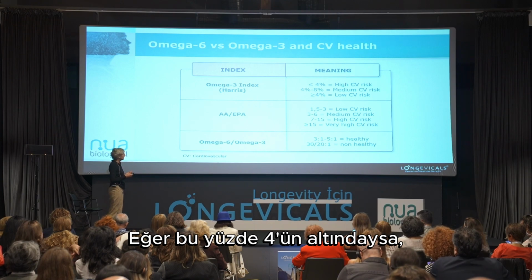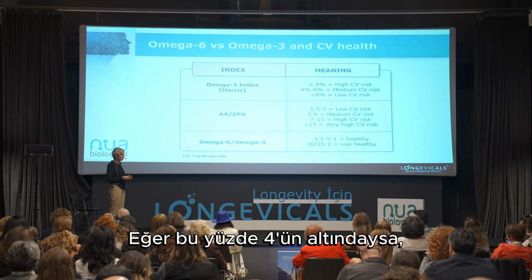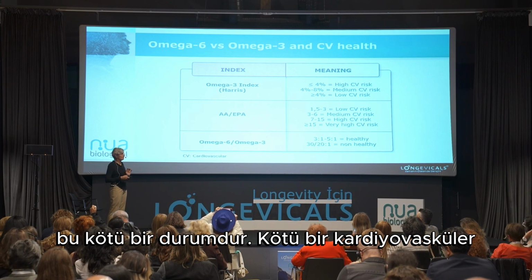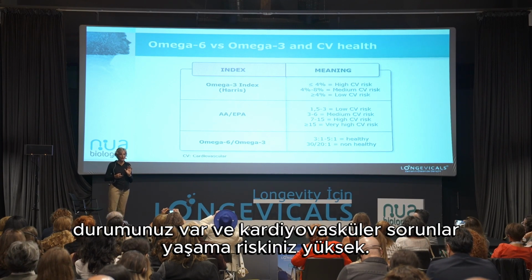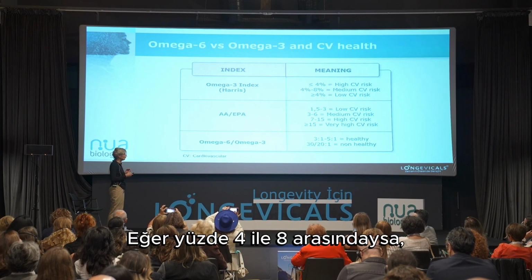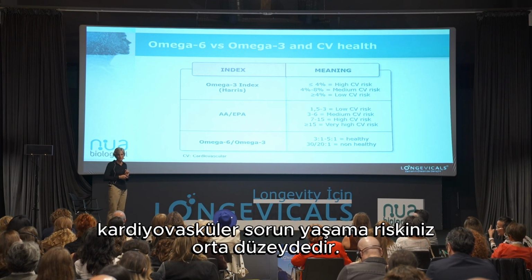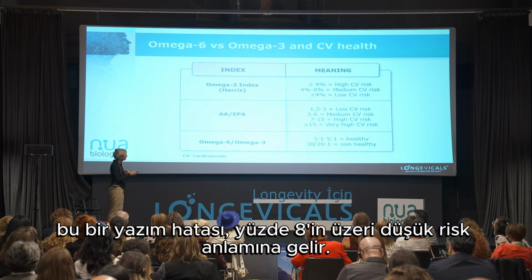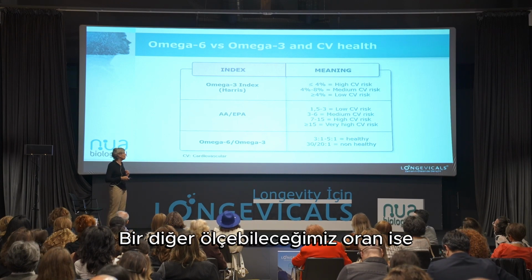They say that if it's below 4%, that's bad. You have a high risk of cardiovascular problems. If you have between 4 and 8%, you have medium risk of cardiovascular problems. Above 8, that's a low risk, okay?